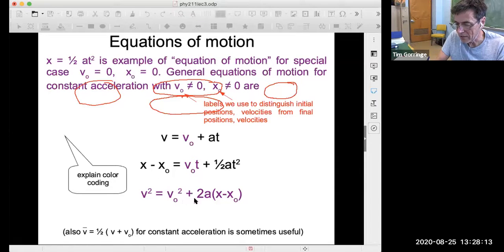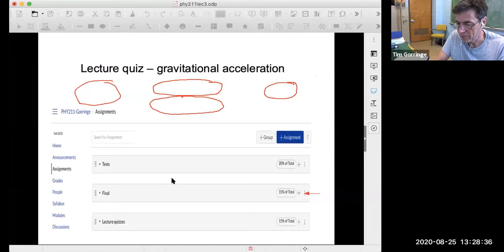If you think about those things in the context of these three equations of motion, you can probably see that this third one here contains the quantity that we want, V naught. And the other things inside it, the displacement, the final velocity, and the acceleration, we know. So this equation, in this particular problem where we want V naught, will work for us.